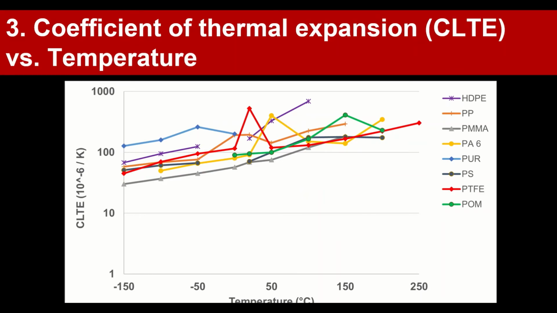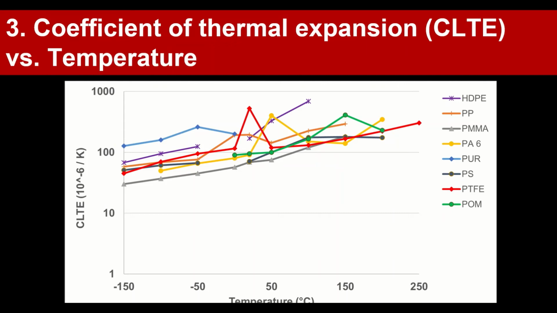Then the coefficient of thermal expansion, the CLTE versus the temperature. Here I have both amorphous and semi-crystalline in one chart. Again, the property is on the y-axis and the temperature on the x-axis. This time it's a logarithmic view.